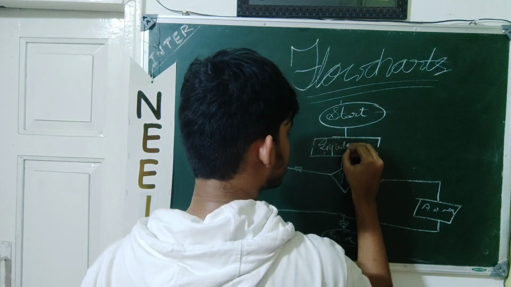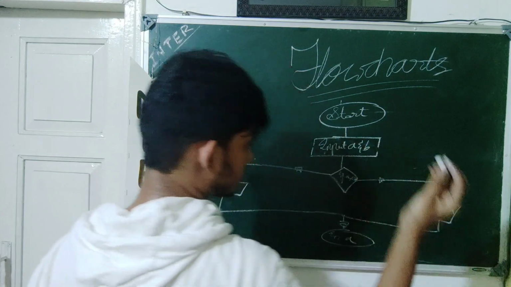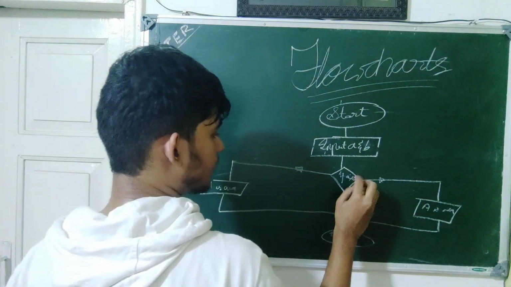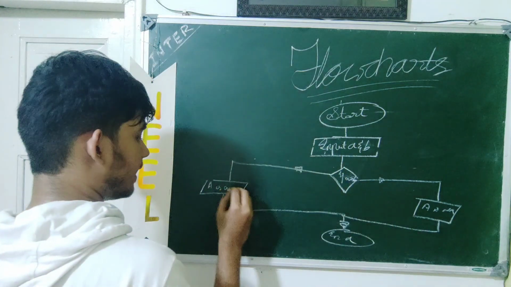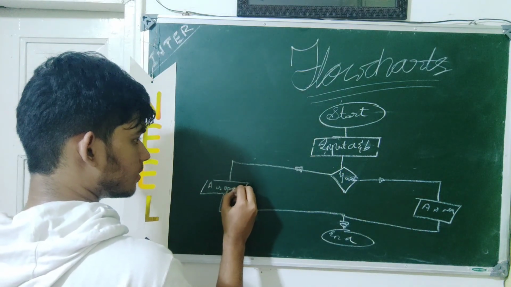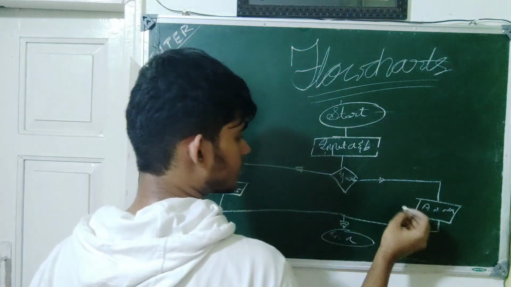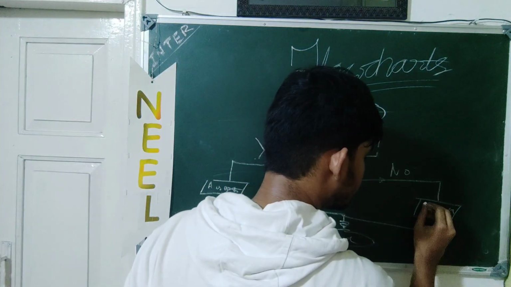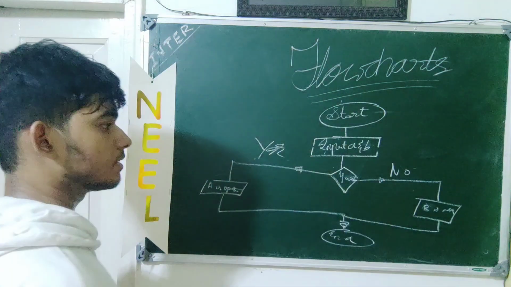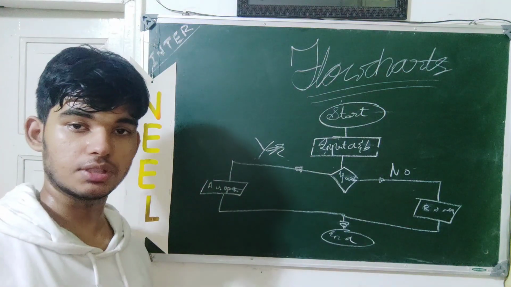So let us take two numbers or two variables, A and B. If A is greater than B, A is greater, and if A is not greater than B, then B is greater, and you can run this. So this is how a simple flowchart works.